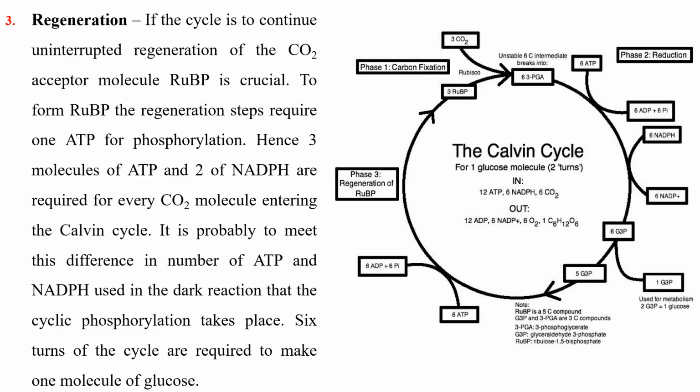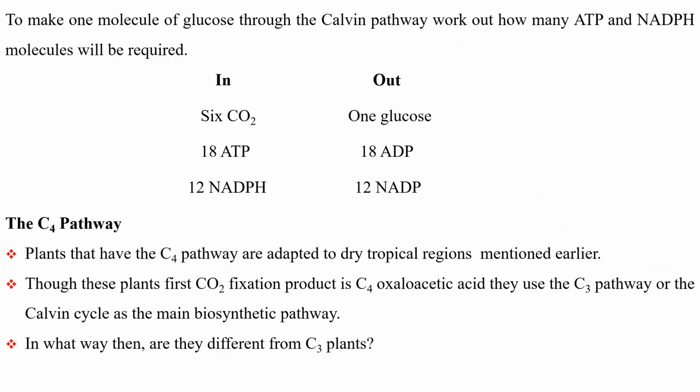It is probably to meet this difference in the number of ATP and NADPH used in the dark reaction that cyclic phosphorylation takes place. 6 turns of the cycle are required to make 1 molecule of glucose.